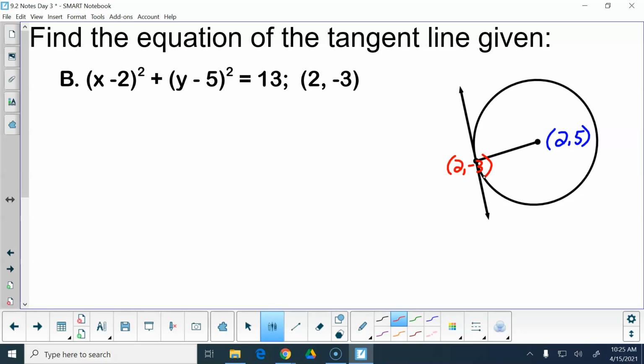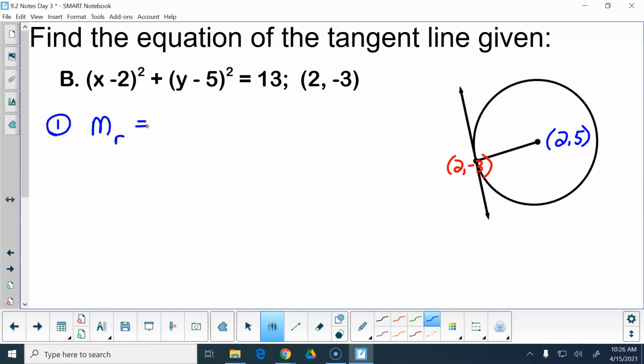So this picture is obviously not an accurate representation, because what is the slope of the radius? M of the R, of the radius.